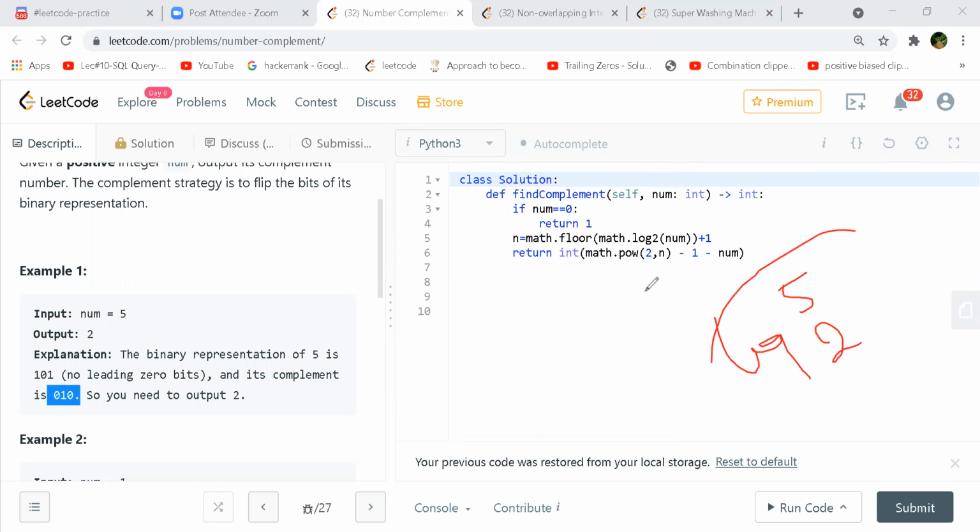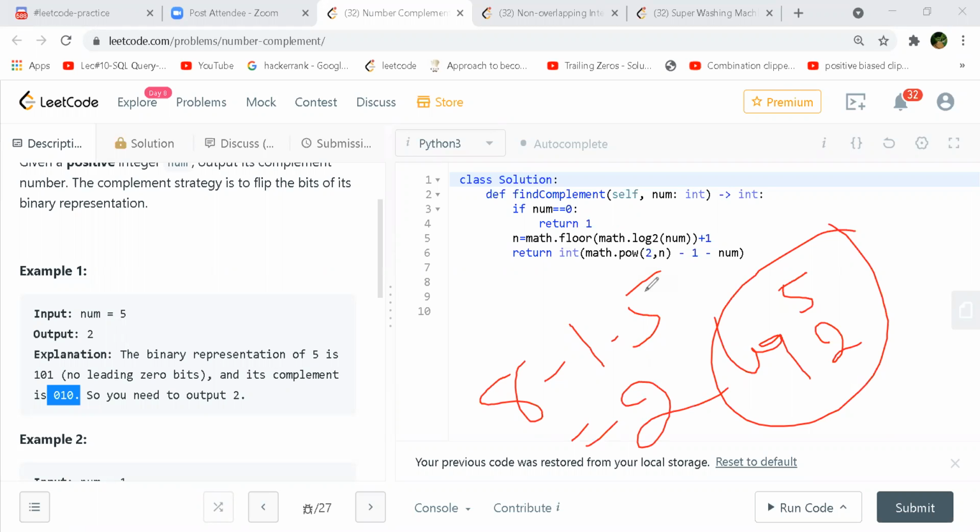Then he finds out 2 to the power n, which is 8. Then it's that logic where he's complementing the bits. So 101 becomes 010.